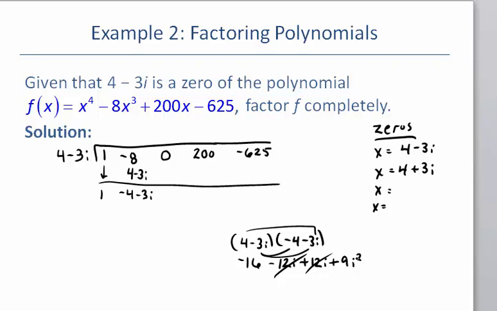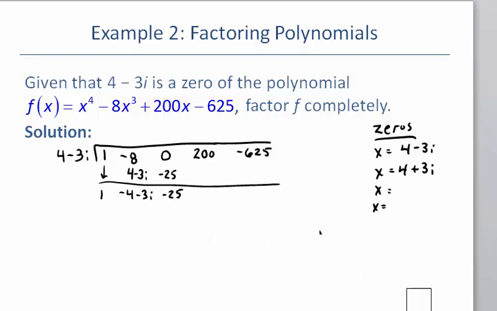The i squared is going to become a negative 1. So I have negative 16 plus 9 times negative 1. Negative 16 plus a negative 9 is going to give me a negative 25. And we'll add it to 0. We're going to get negative 25 on the bottom. All right, we're going to multiply again.